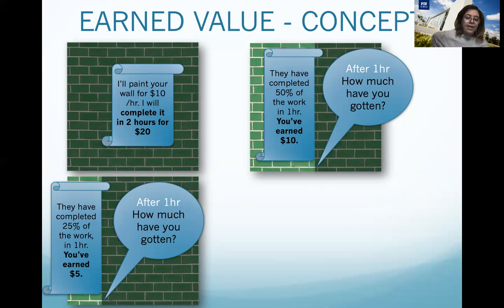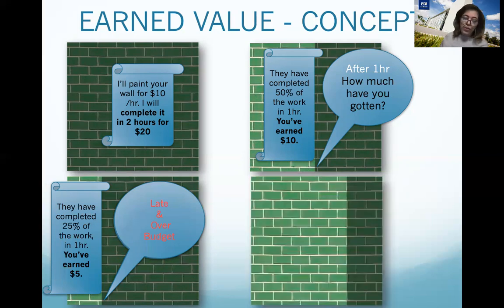The same way I can find, I think this is really bad news. It's another example. They have completed just 25% of the work in 1 hour. So the earned value here is just $5 after 1 hour. It doesn't look good. In this case, if they continue with the same speed or performance, this activity or work package will be late and over budget.